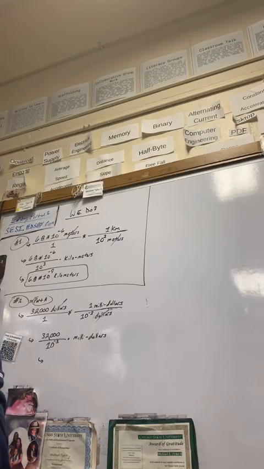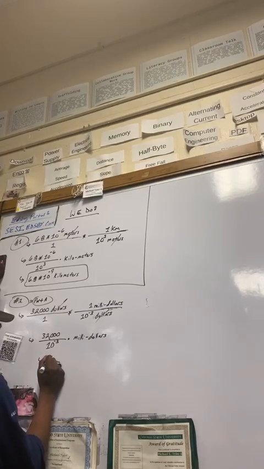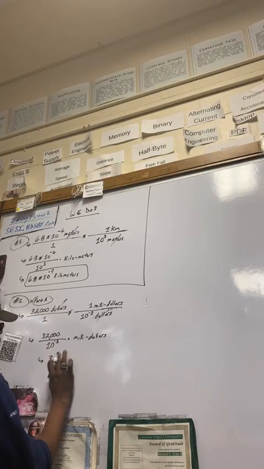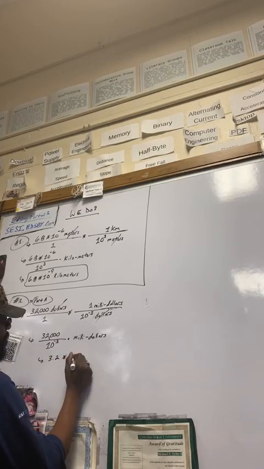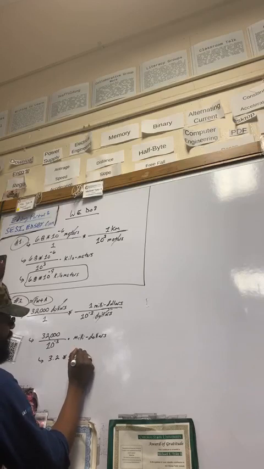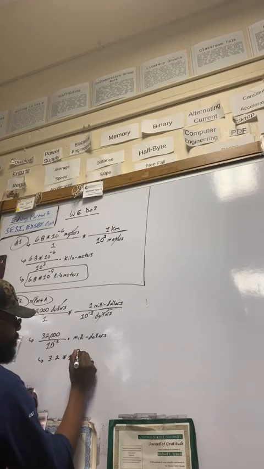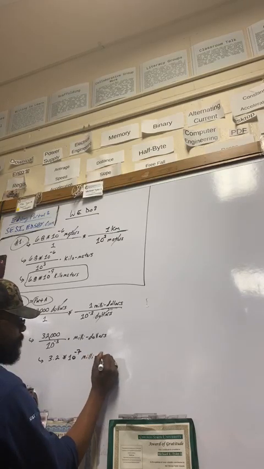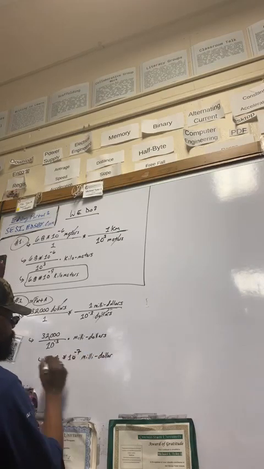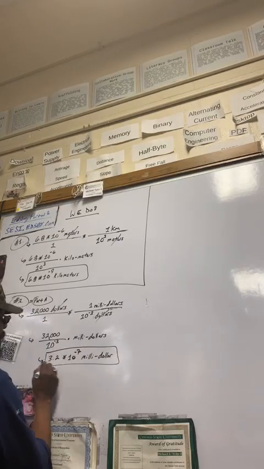So that means it's going to be a power of 10 to the 7th, right? So 3.2 times 10 to the negative 7, and this is $1 million. Box that off. That's part A.